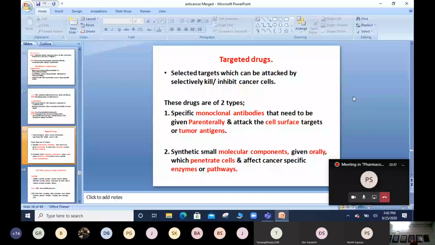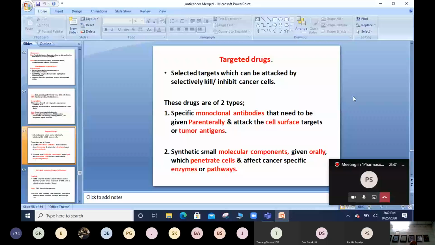It is on the cell surface or on the tumor. There are tumor antigens which are responsible for the tumor. So for monoclonal antibodies, the targets are cell surface targets or tumor antigens, and these should be given parenterally.